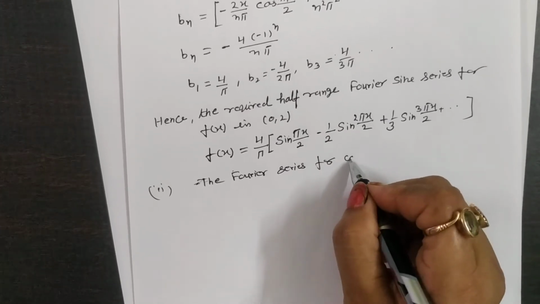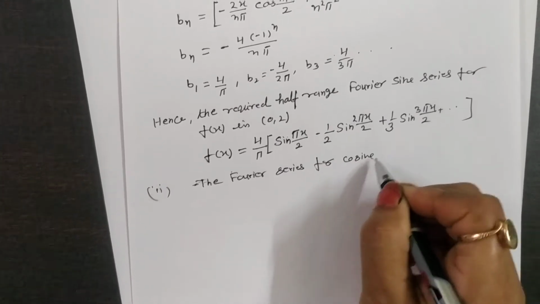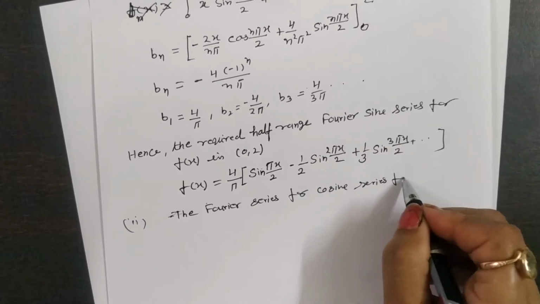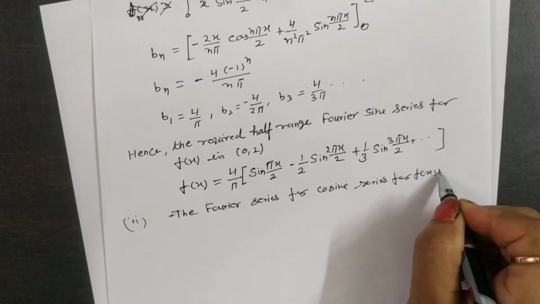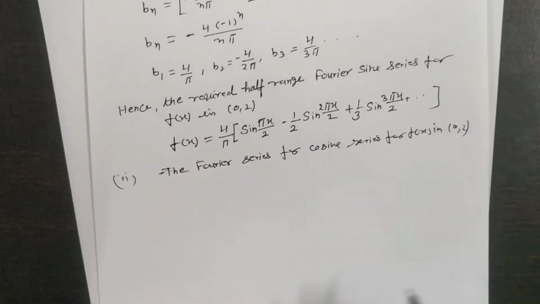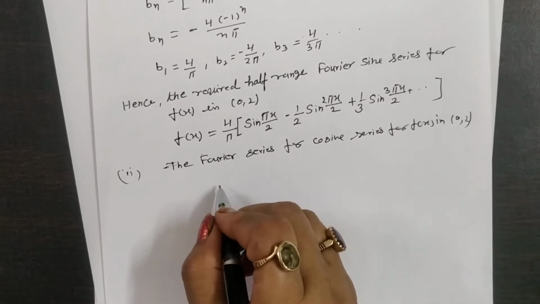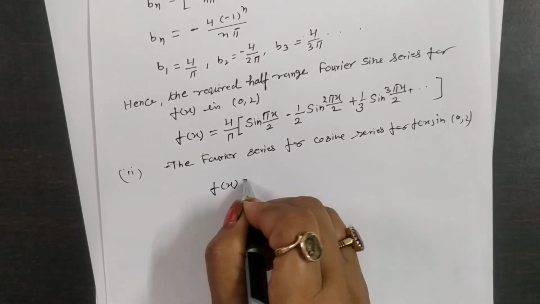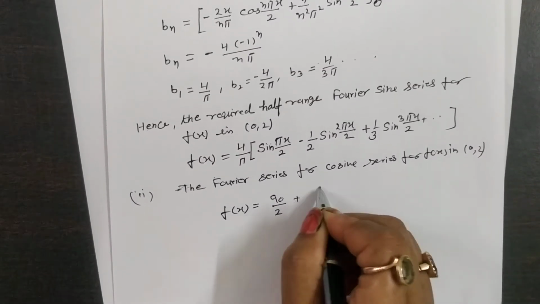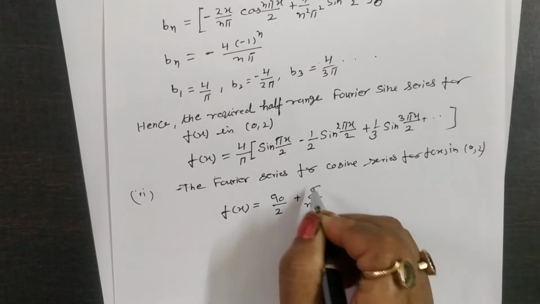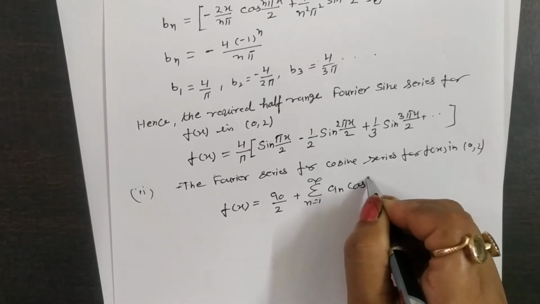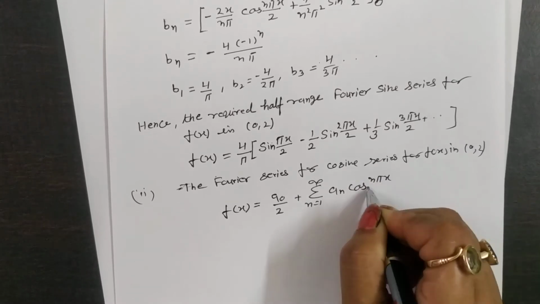Cosine series for f(x) in the interval 0 to 2. Similarly, f(x) is a0 by 2 plus sigma n varying from 1 to infinity a_n cos(n pi x by L).